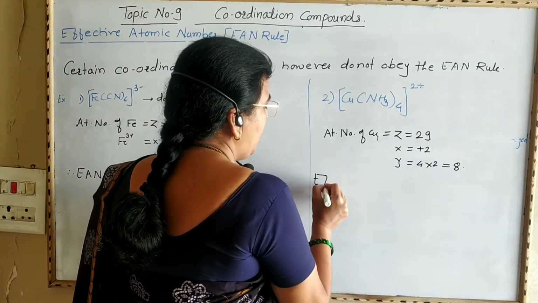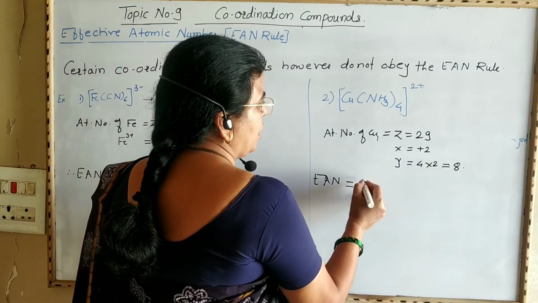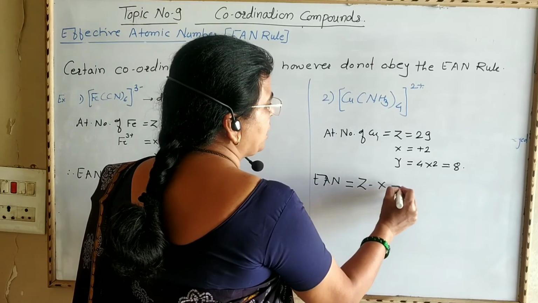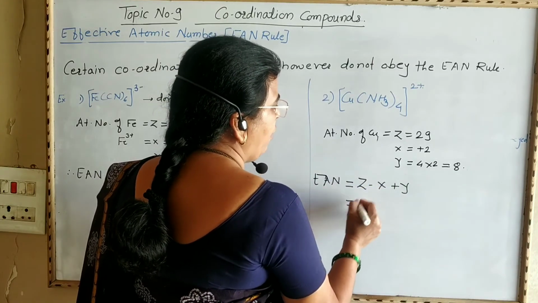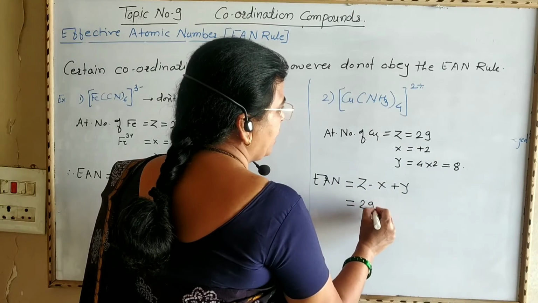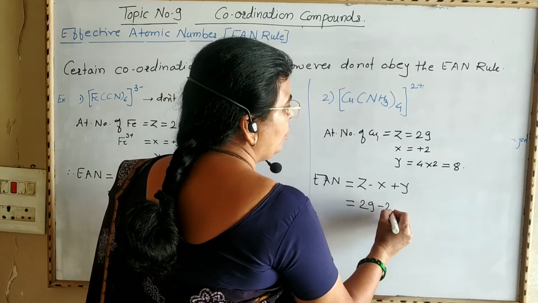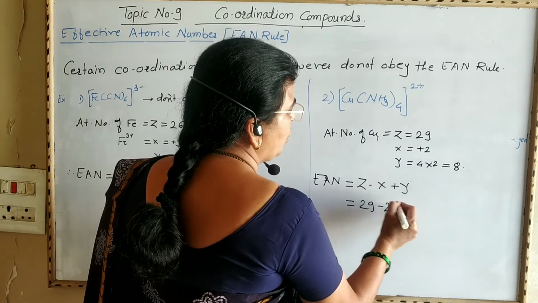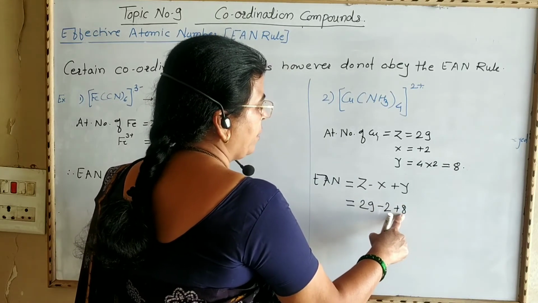Then here EN is equal to Z minus X plus Y. Now here value of Z is 29, X is equal to 2 and number of electrons donated by ligand is equal to 8.